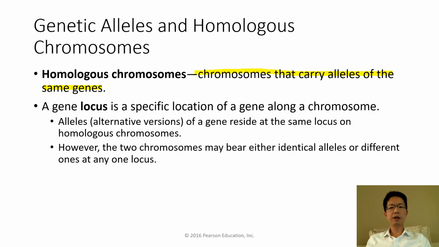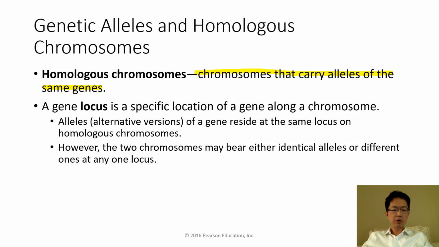Same gene, but they can be different alleles. One allele can be dominant, one allele can be recessive. In this case, it will be heterozygous dominant. Or both alleles can be dominant, then it will be homozygous dominant. The last case is that both alleles may be recessive, then you will get homozygous recessive.